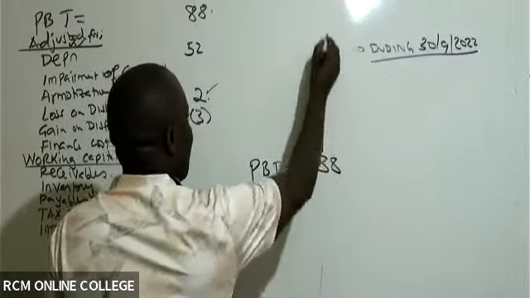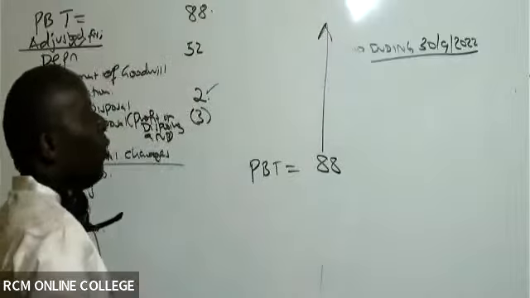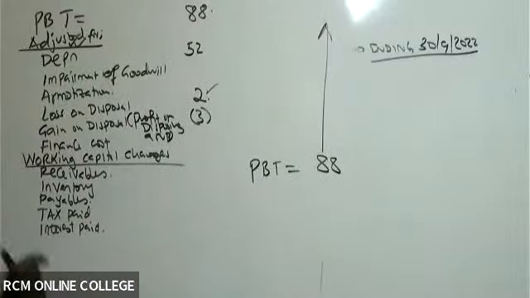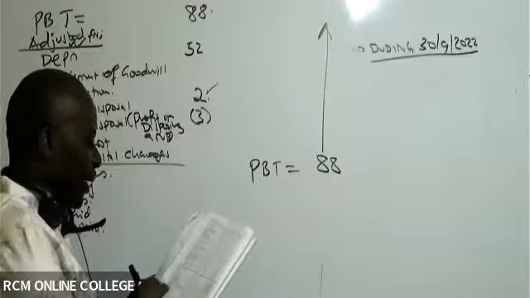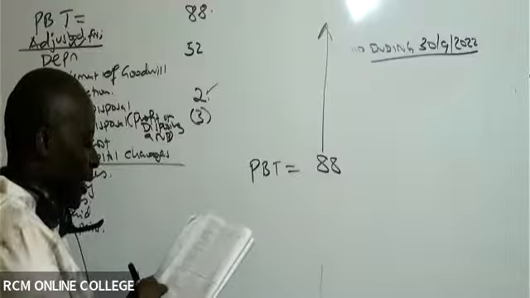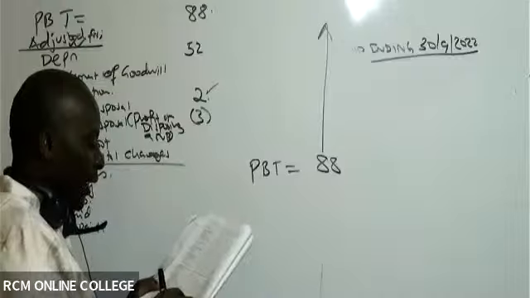Now you look north, you look up, for any non-operational item. Profit before tax, we have 88 there, right?